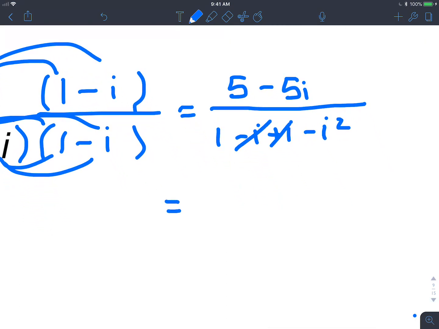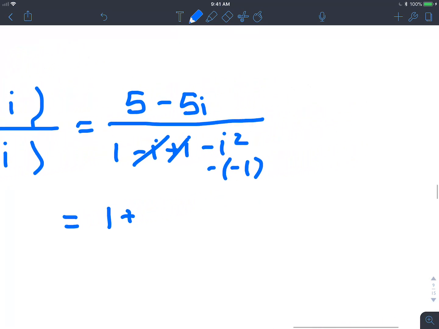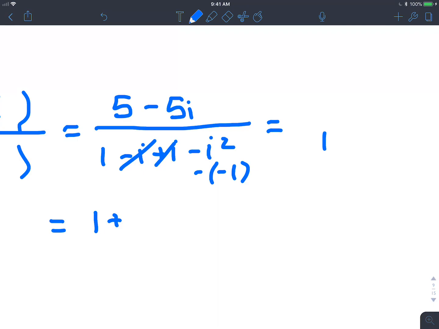We have the i's that cancel each other out, and then remember, i squared is going to change to negative 1, and then negative negative 1 is going to be plus 1. Let's write it out like this: 1 plus 1 in the denominator. Obviously, we can clean that up, so we're just going to write 2 overall in the denominator.